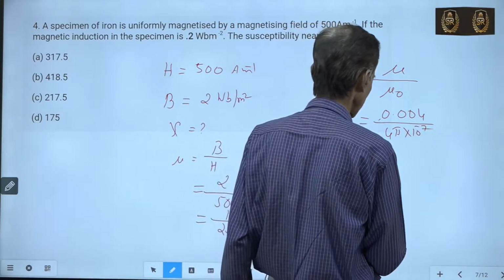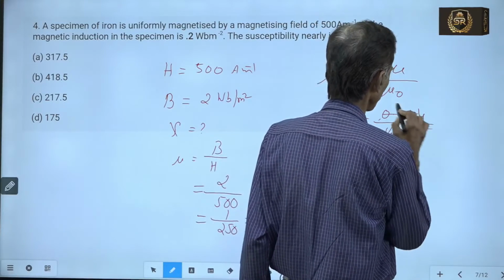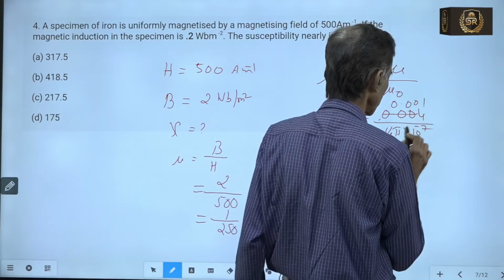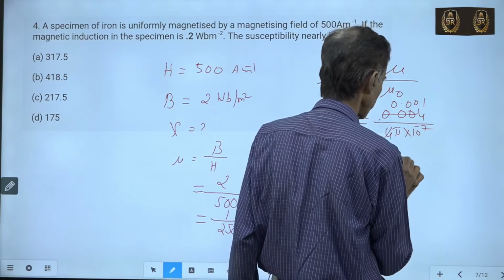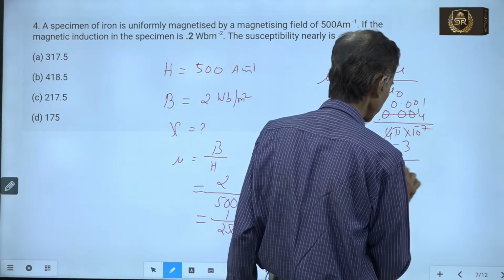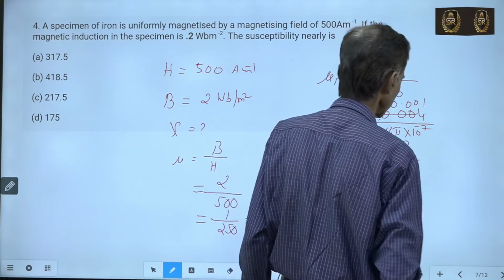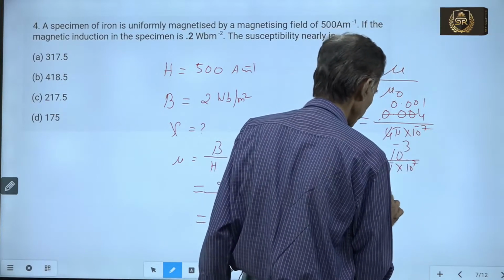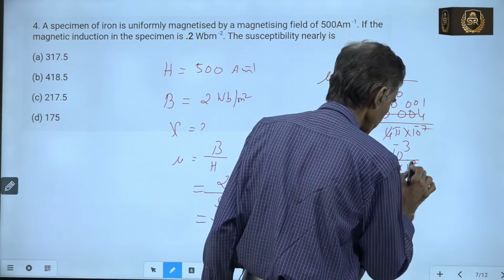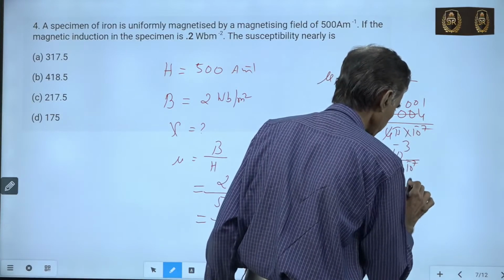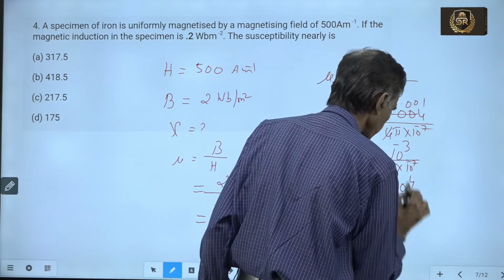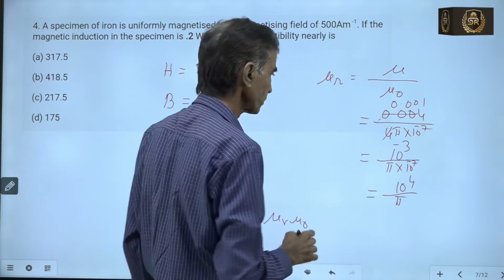Therefore, we can write 0.001 divided by pi into 10 power minus 7, that is 10 power minus 3 by pi into 10 power minus 7. When it comes to the numerator, the minus 7 will become plus 7. So, 10 power 4 by pi, that is our mu r value, right.